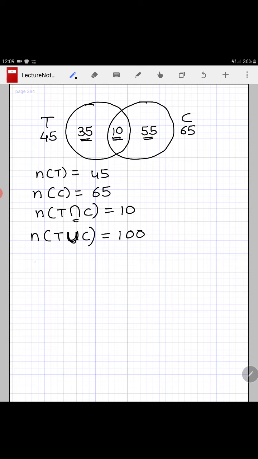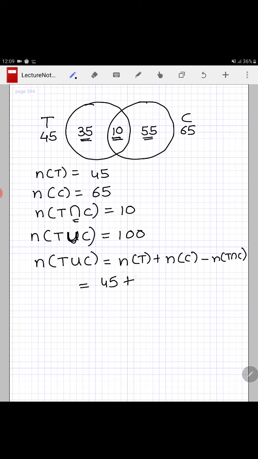So you can derive the formula that the number of the union of sets is the individual numbers, that is n of T plus n of C minus n of T intersection C. So the total number of people in T union C should be equal to the number of tea 45 plus the number of coffee 65 minus the number common to both. This is equal to 100, which is exactly the number of people who are either tea or coffee or both.